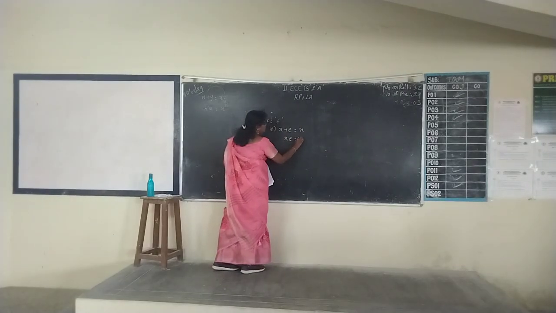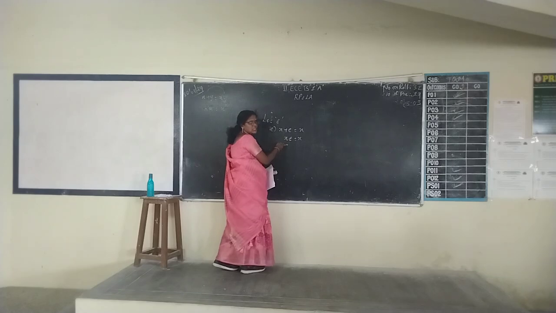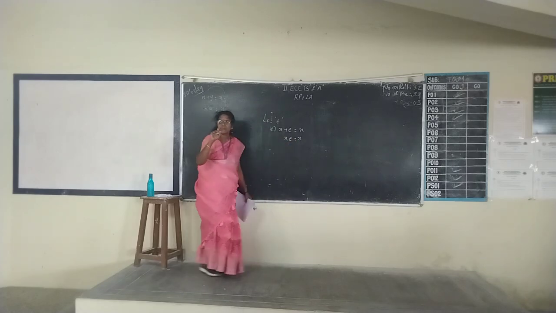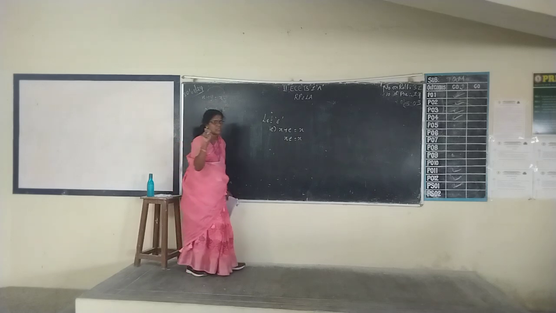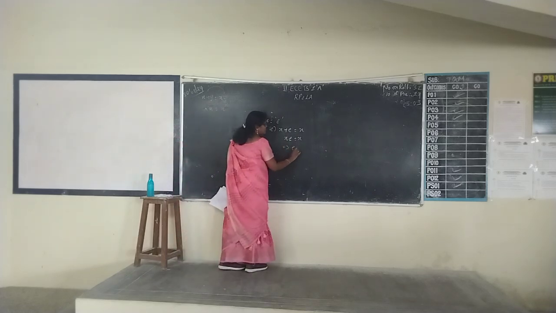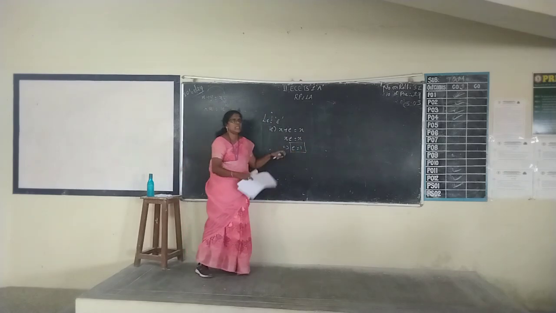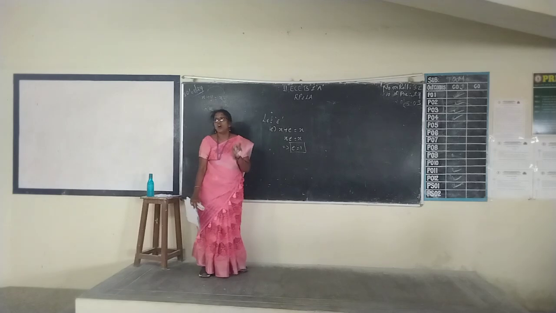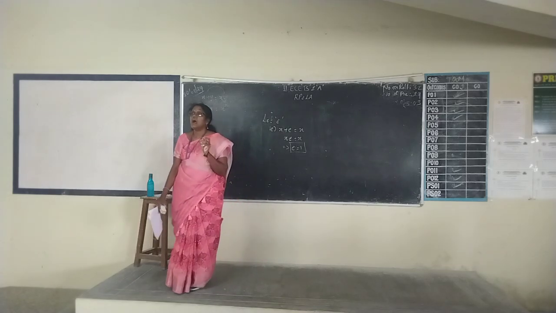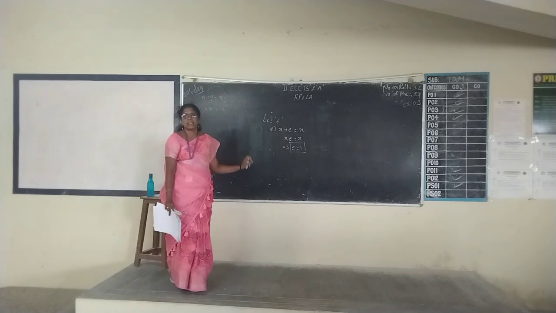So how will you write it? xe equals x. Now it is only ordinary multiplication, because all x and e belong to R plus, the set of all positive real numbers. From this, what is e? 1. So what is the identity element? 1. x into e should be equal to x. x can be cancelled. Why? Because all x and e belong to R plus, the set of all positive real numbers, so directly we can cancel it.